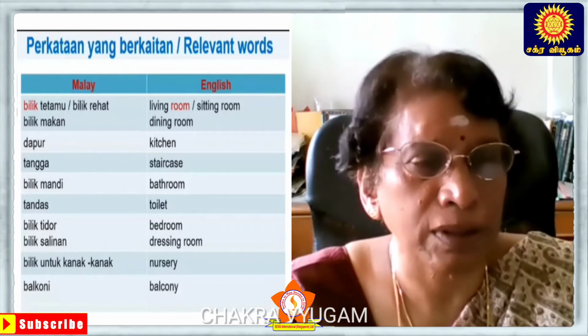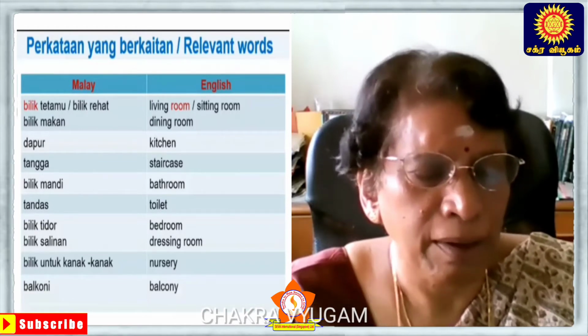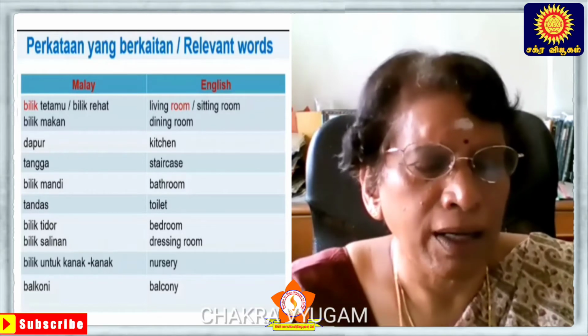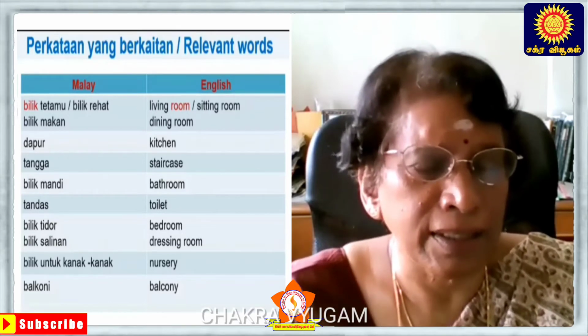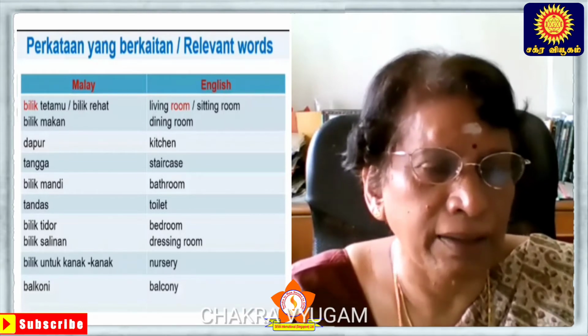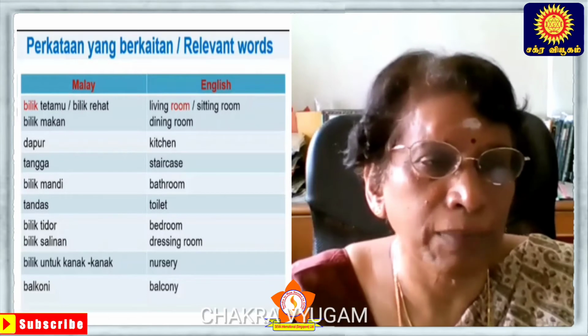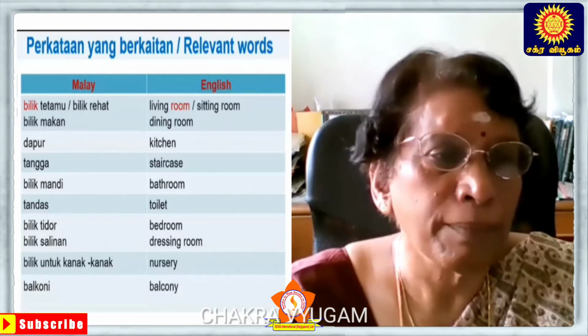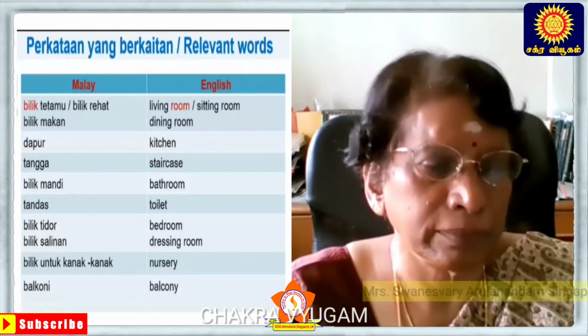So it's sometimes called the reception room. So that's where most of your guests will come and sit down, and you usually have all your nice furnishing, settee and sofas set out. The next is bilik makan. Bilik makan is dining room. Makan is eat, right? So bilik is room. So bilik makan is dining room.